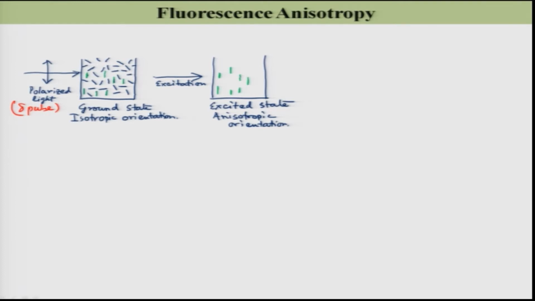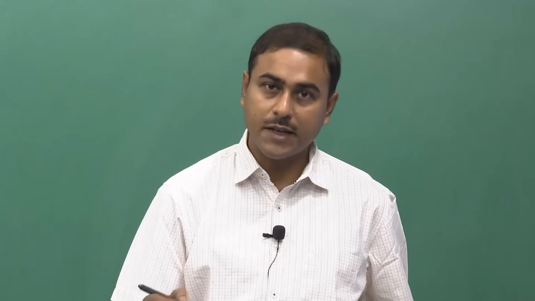Obviously, it has radiative and non-radiative pathways; let us consider the radiative pathway. So, it will emit a photon, and the polarization of this photon in the early time will be along that particular direction. In that direction the transition moments of the molecules are oriented in the excited state, so the emission will also be in the same direction.